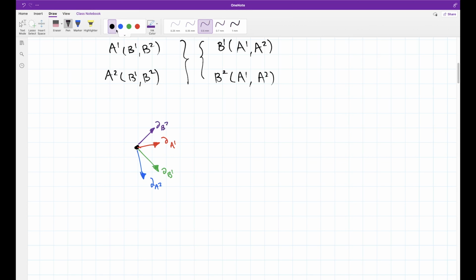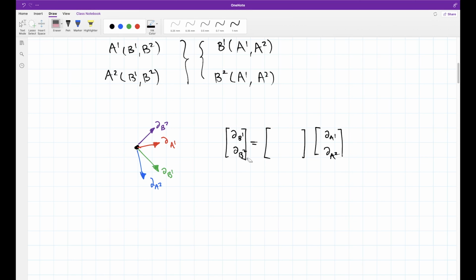And you've already probably done this in some linear algebra class, converted from the one set of vectors to the other. What we would typically do is create a vector of the basis vectors. So we would say something like partial A1, partial A2 on the right side, multiplied by some matrix are going to be equal to partial B1, partial B2.